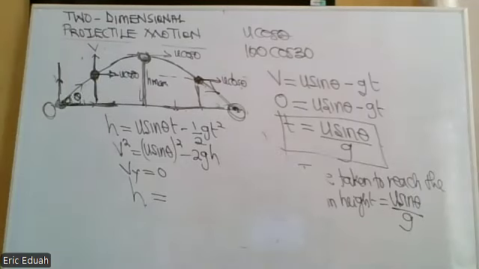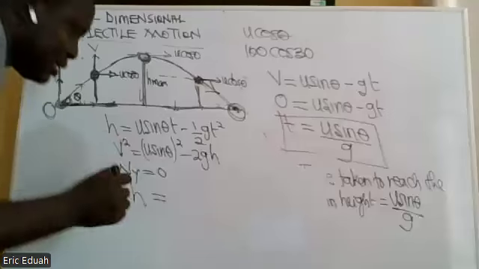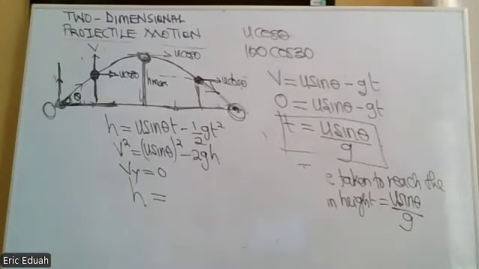H equals u sine theta over 2g. Hey, Bridget, come again. H equals u sine theta over 2g. Sorry to disappoint you. Bridget, look at it again. Achampo, go ahead.